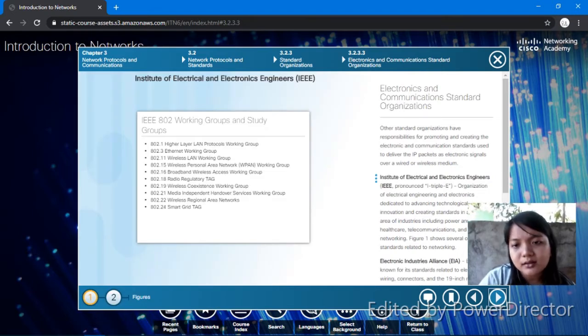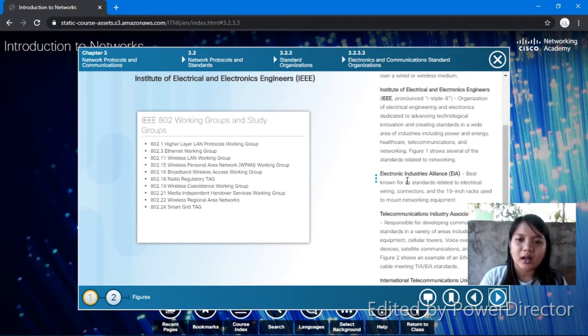The Electronics and Communications Standard Organization. Let's start with the IEEE, the Institute of Electrical and Electronics Engineers. This organization is for electrical engineering and electronics, dedicated to advancing technological innovation and creating standards in a wide area of industries including power and energy, healthcare, telecommunication, and networking.